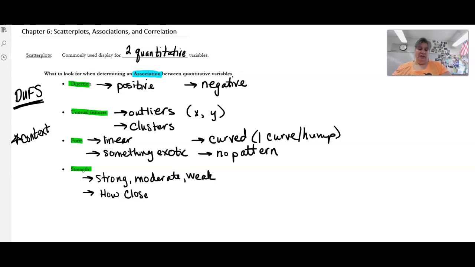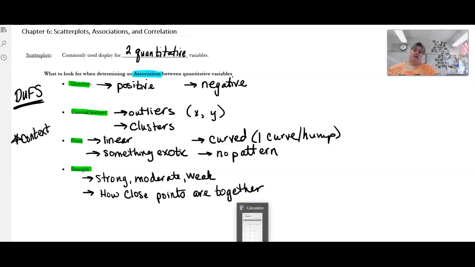If points are really far apart, it could be weak. If they're kind of medium, it would be moderate. If they're really close together, it's going to be strong. Okay, so when we describe something, instead of using distribution, we're going to say association.